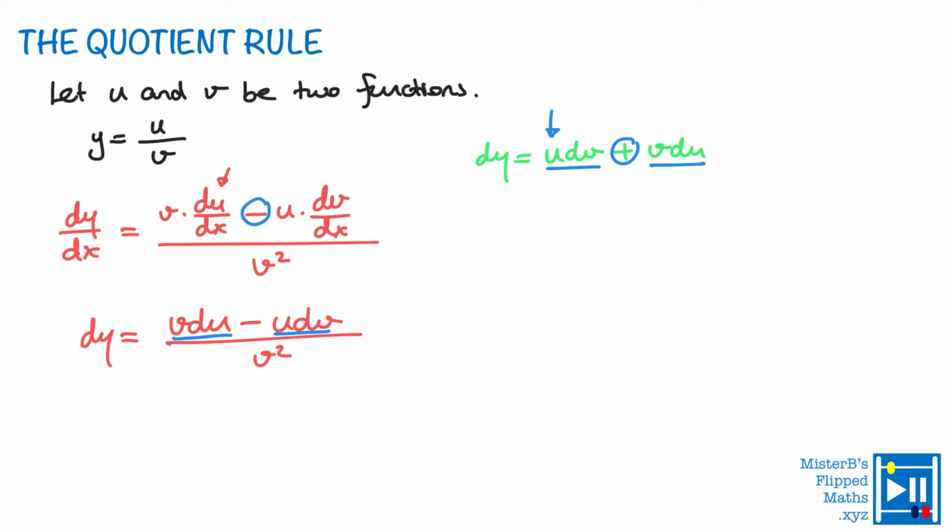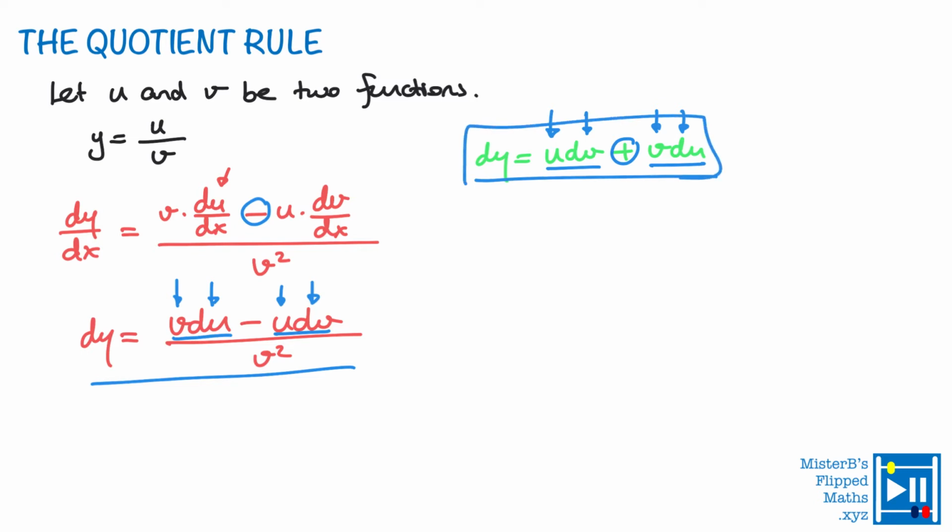You just keep one of the functions the same and multiply it with the derivative of the other, and then here you change the order. In the product rule you start with u and write dv, and then you write v du. So this way, product rule and quotient rule have similarities, so you may remember it easily once you have the product rule in your mind.